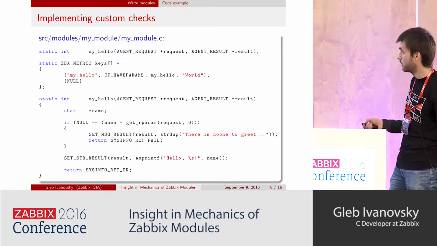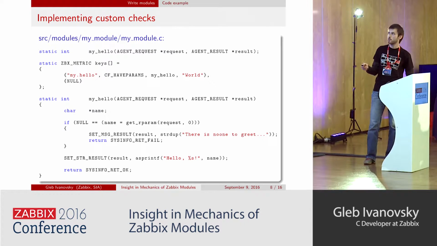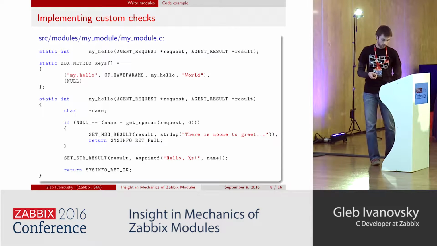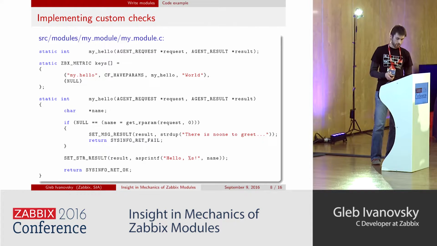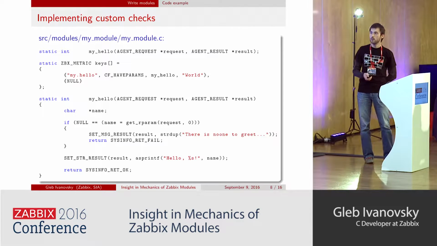So Zabbix agent with my module loaded will print hello world. And here is the implementation. So here is the request, here's the result, where we return the check result. We use our getter param macro definition to find if there are any parameters passed to our item.